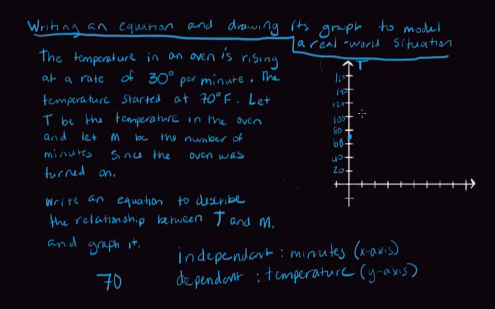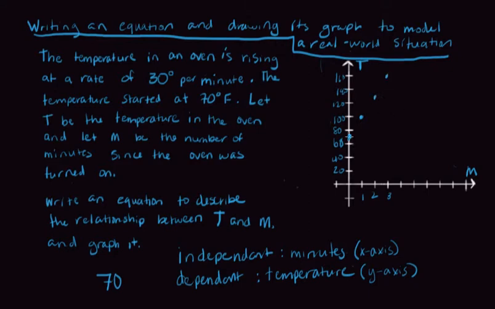And then at 1 minute, we go up 30 degrees. So we go up to 100. And then after 1 more minute, so this is minutes over here, we go up 30 more degrees. So when we get to 2 minutes, we are already up to 130 degrees. When we go up another minute, we go up another 30 degrees.